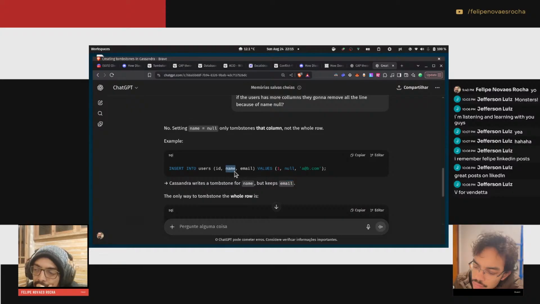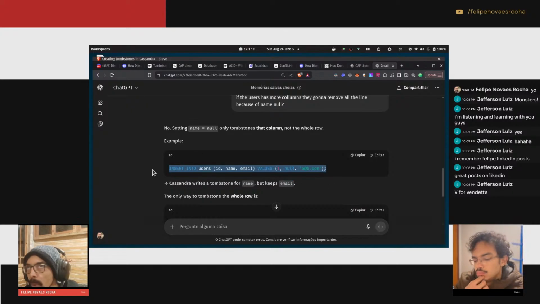I think that's the idea, but I don't think that we're gonna remove the whole row until everything be new. Let me check.